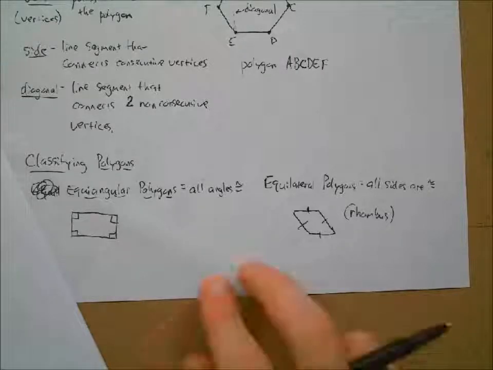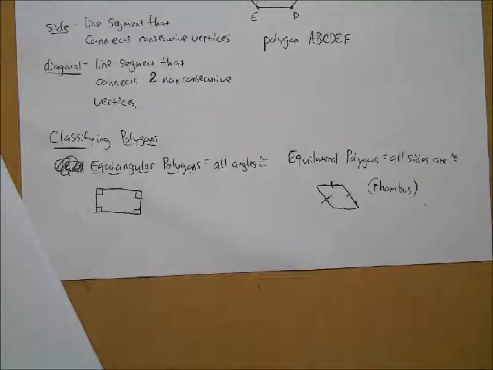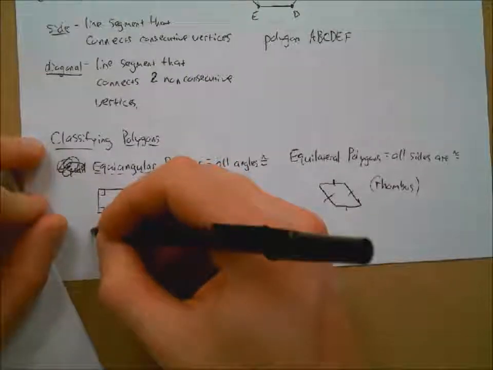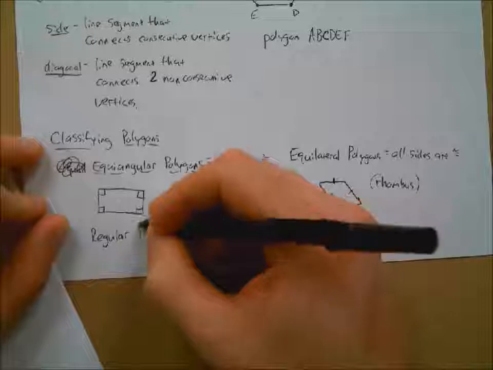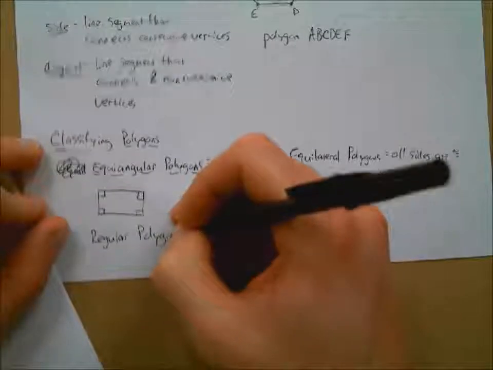And then, of course, if something is both equiangular and equilateral, very special case, right? All the angles are equal, and all the sides are equal. For that very special case, what do we say? It's regular.